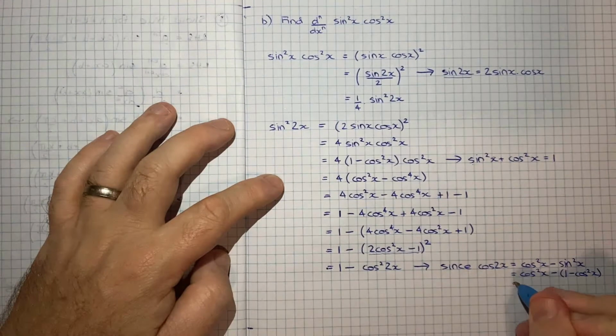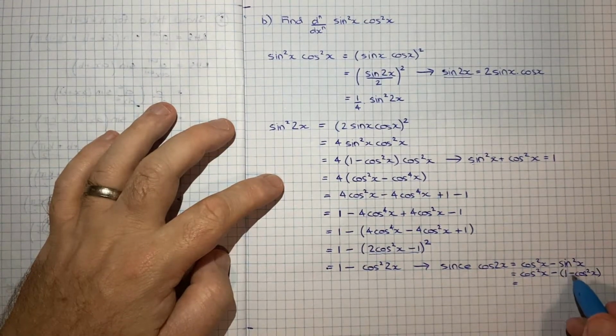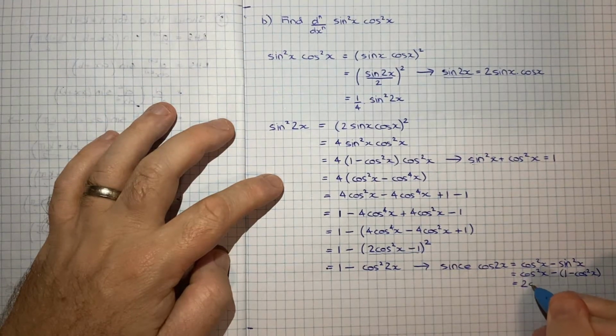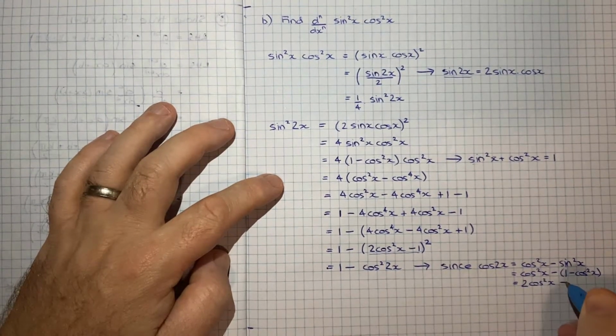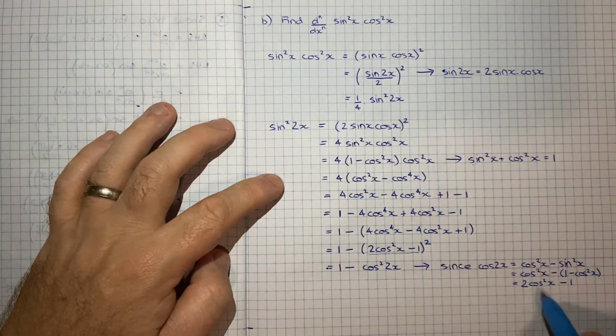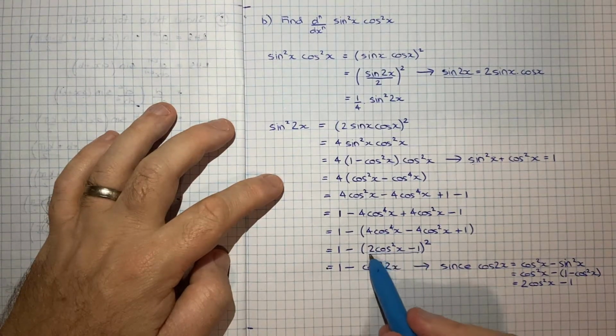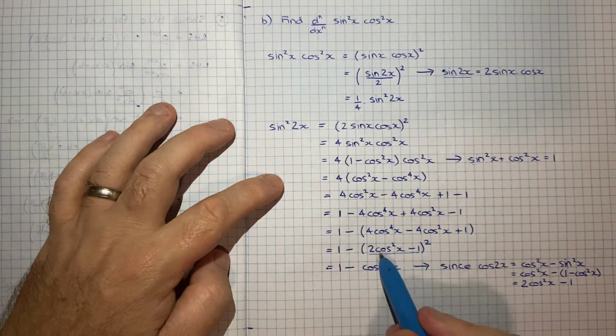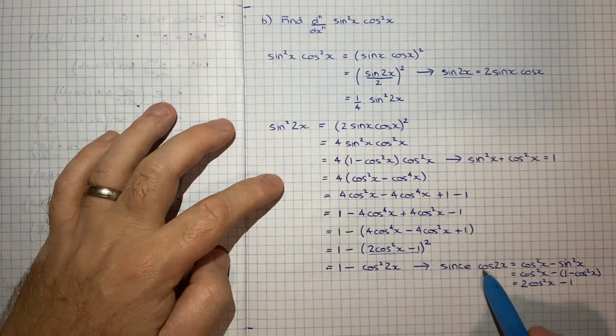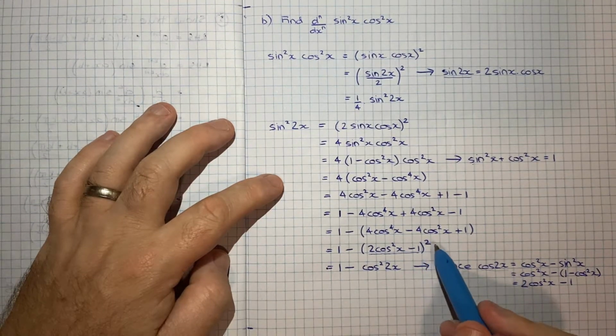And if I expanded this, we'd end up with minus 1 plus cos squared x. So we'd have 2 cos squared x minus 1. And that's exactly what we've got here, 2 cos squared x minus 1. So that's why I can now replace that with cos 2x that we've got squared.